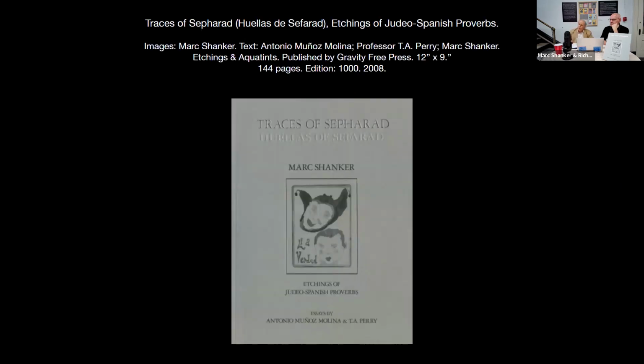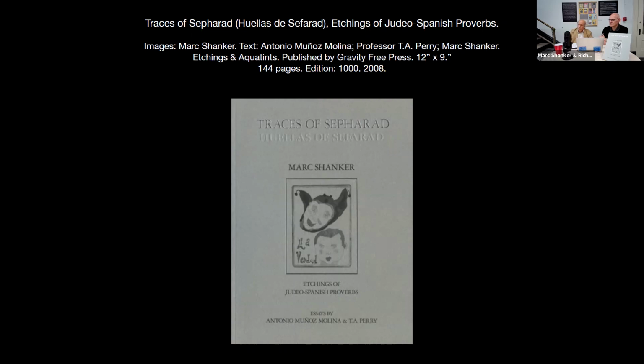So the first book that I actually made, which took me 3.5 years, is called Traces of Sepharad. And these are 45 etchings of Judeo-Spanish Proverbs.